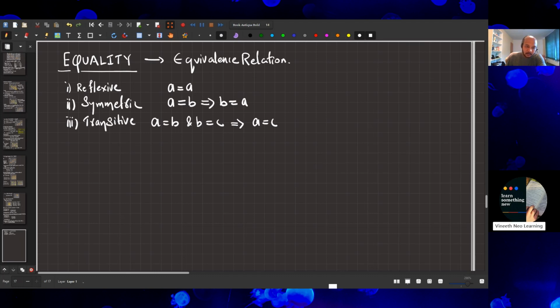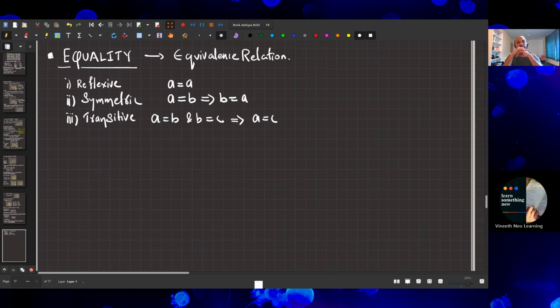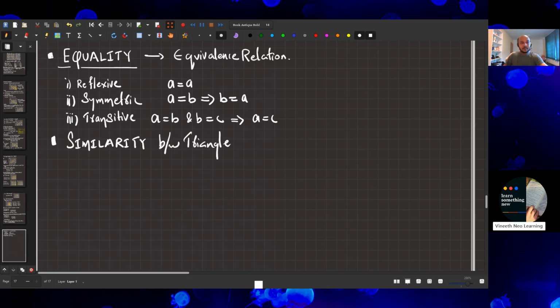Now let's look at another equivalence relation. As a second example, let's consider similarity. First we considered equality. Now let's consider similarity between triangles, meaning all the angles are the same.